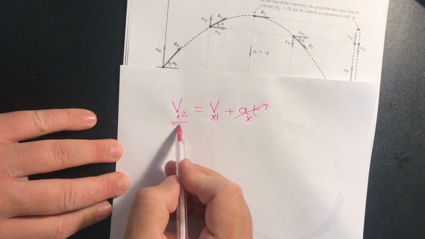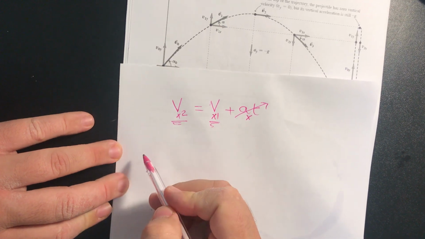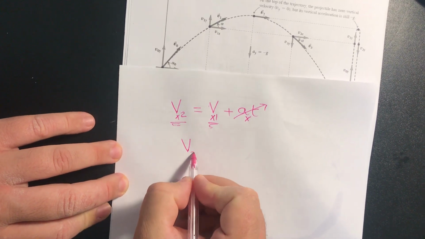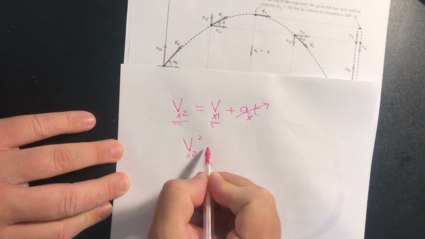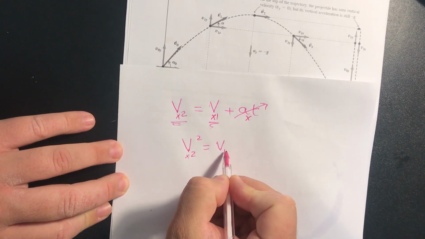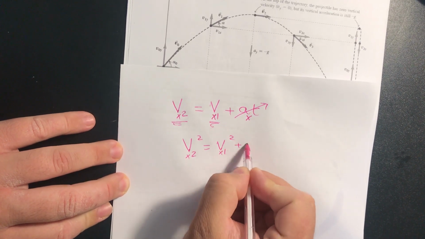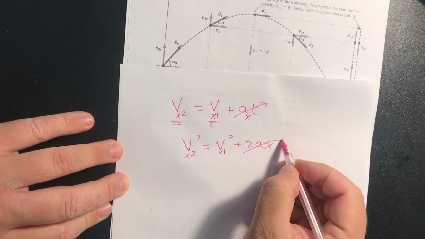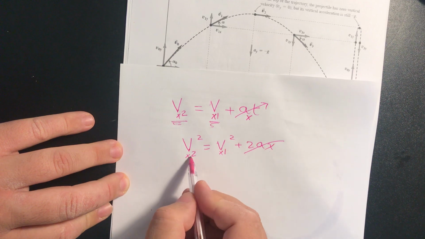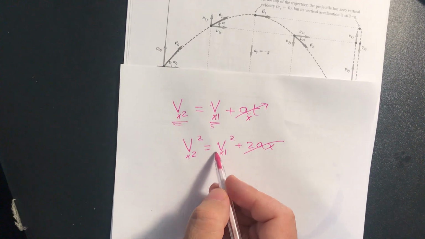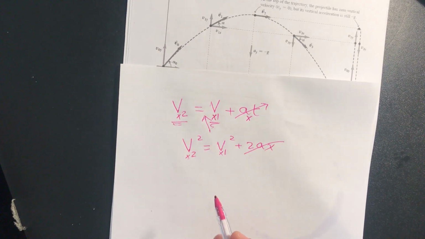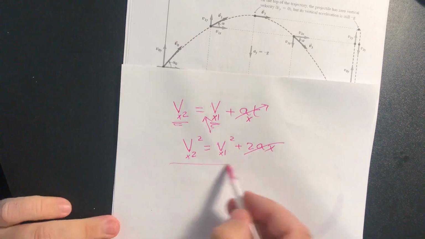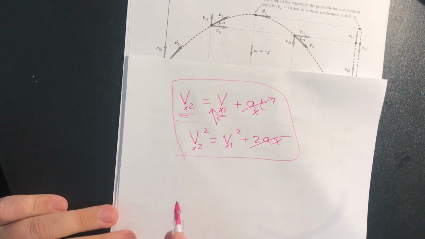So vx finally is equal to vx initially. Also this equation, v squared in the x direction is equal to v initial in the x direction squared plus 2ax. The acceleration is zero. Then we have v squared is equal to v initial squared, which is the same as the first equation. So the first two equations are the same.